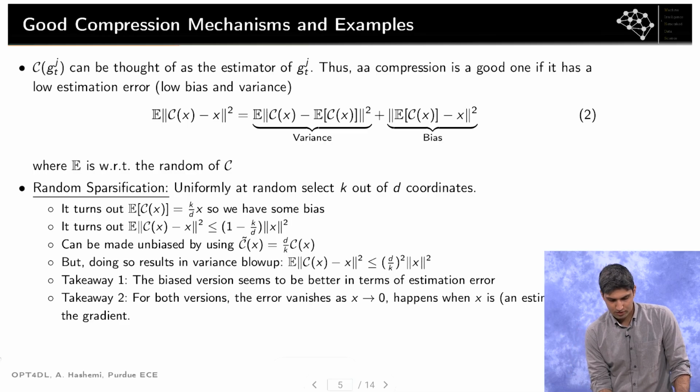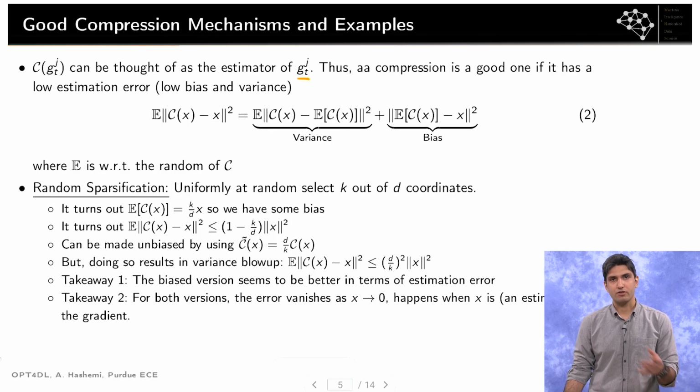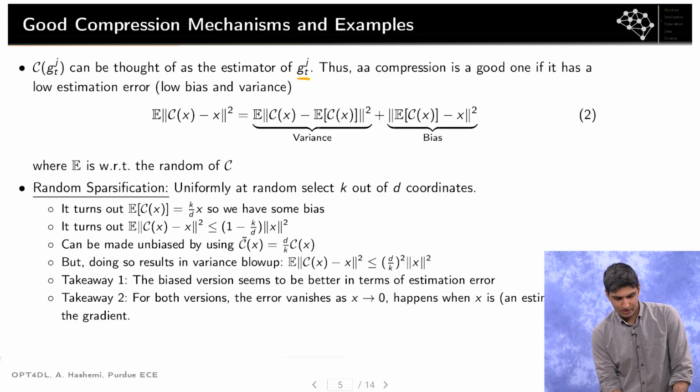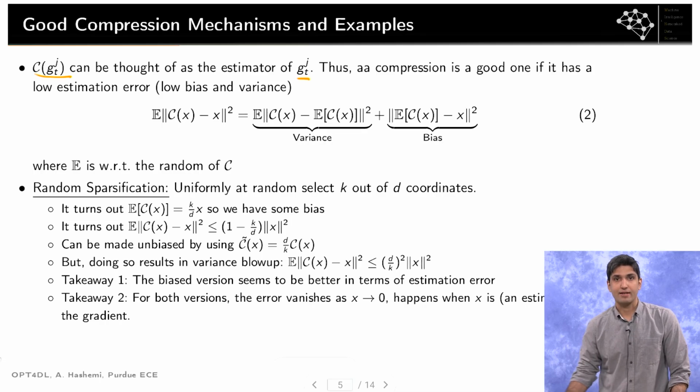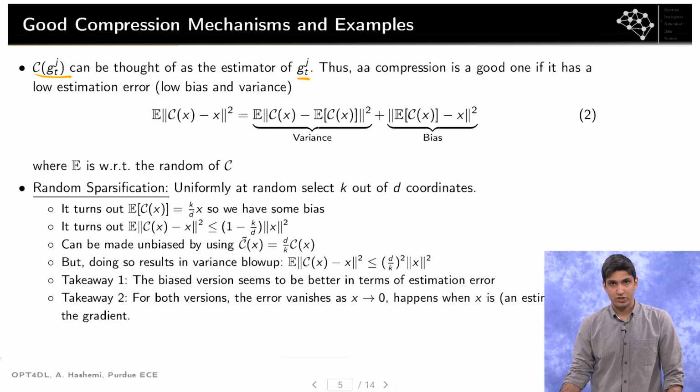So we have some quantity, let's say G, which is the local gradient that we intend to send. Instead, we are sending a low precision version of it. So in particular, we can think of C of G as an estimator of G. Okay. So we can think of the compression as an estimator of the quantity we are compressing and communicating.